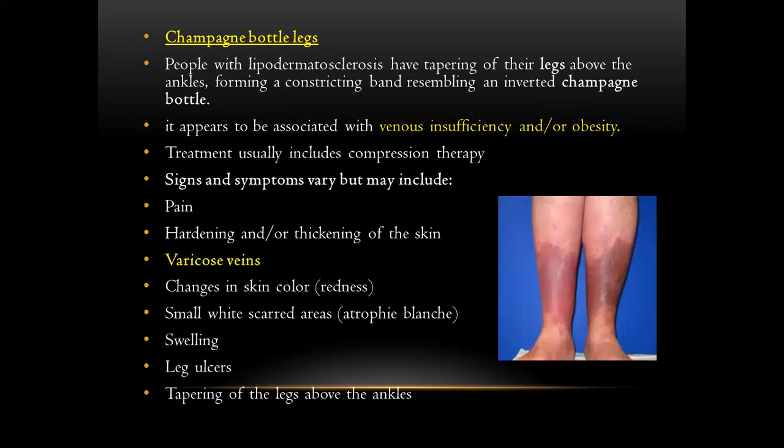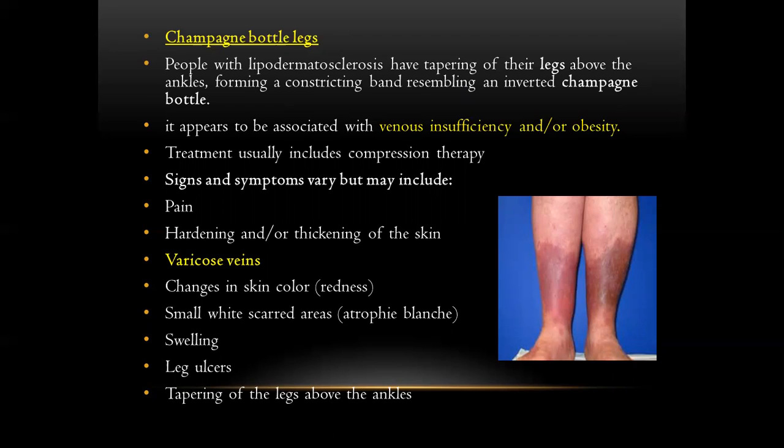The next question was about champagne bottle legs. People with lipodermatosclerosis have tapering of their legs above the ankles, forming a constricting band resembling an inverted champagne bottle. It appears to be associated with venous insufficiency or obesity. The treatment usually includes compression therapy.